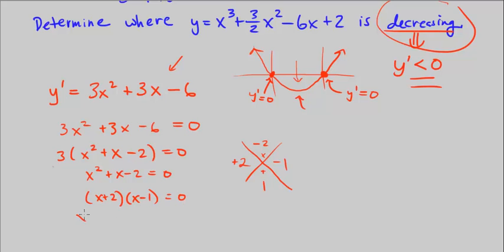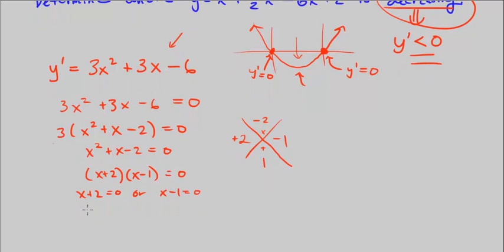Solving this, x plus 2 is equal to 0, or x minus 1 is equal to 0. When we multiply, one of those has to be 0 for this to be true. Subtract 2 from both sides, we get x is equal to negative 2, or add 1 to both sides, x is equal to 1. So y prime is 0 at x equals negative 2, and y prime is 0 at x equals 1.